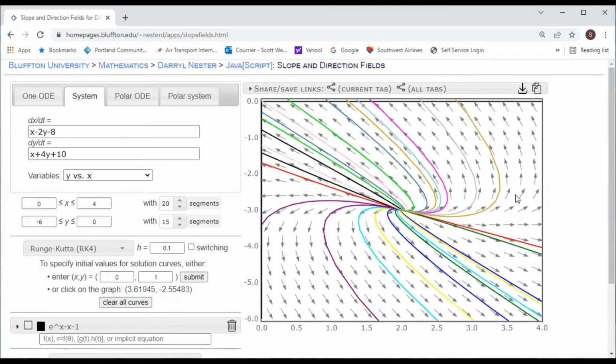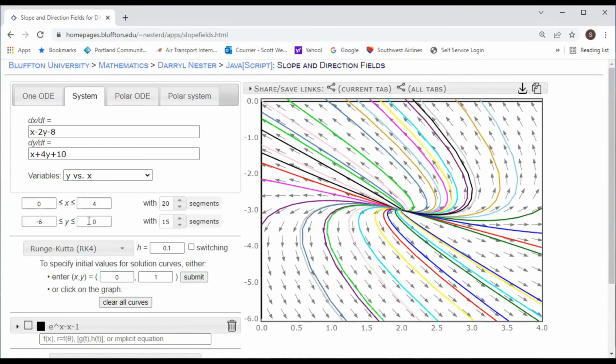Now, this one has definitely a look more like it looks like it could almost be a multiplicity 2 eigenvalue, even though we know that we found actually 2 distinct ones, 2 distinct real ones.